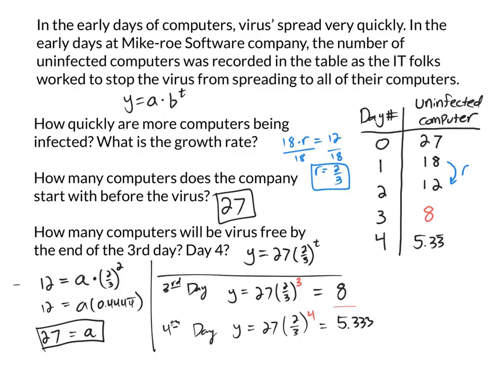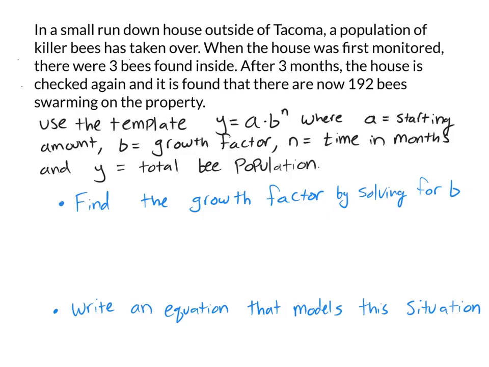One more example problem that I want to make sure that you can do with us. These are very involved problems, and you really have to understand what this y equals a times b to the t means. In a small rundown house outside of Tacoma, a population of killer bees has taken over. When the house was first monitored, there were 3 bees found inside.